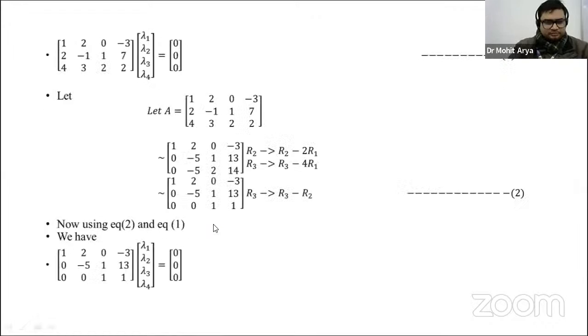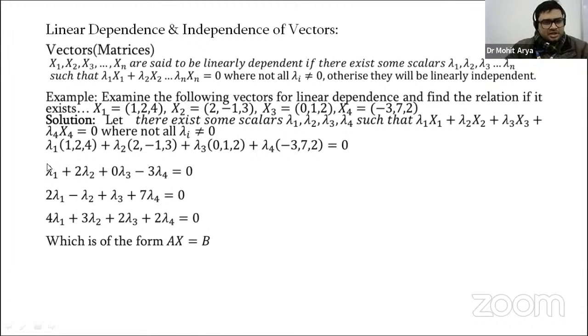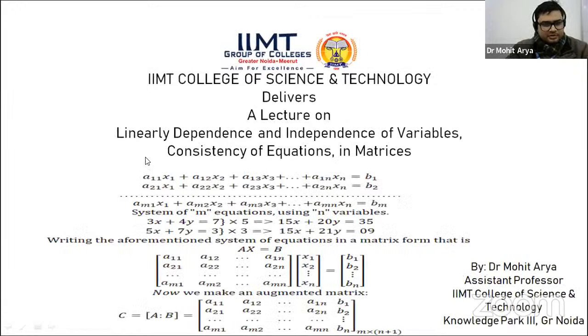If we write the coefficient matrix, we take each coefficient of the lambda i's as matrix entries, such as A11.